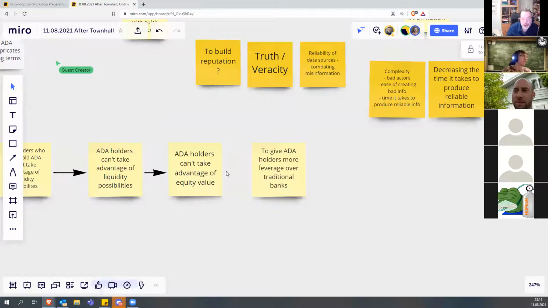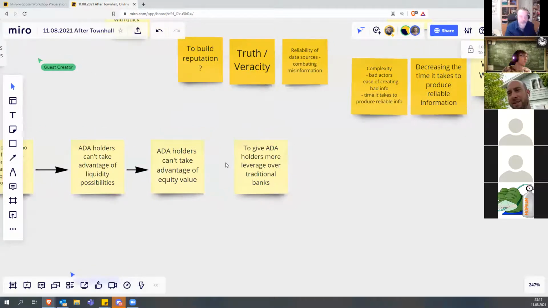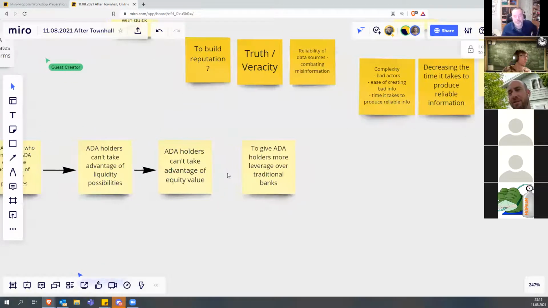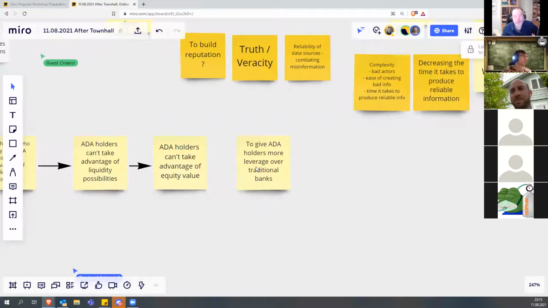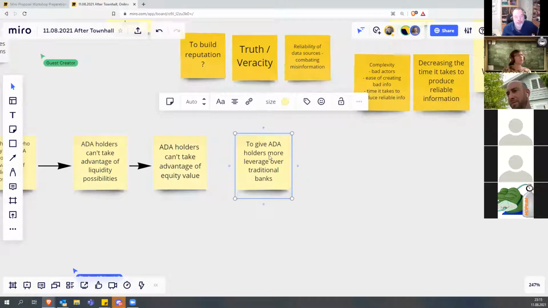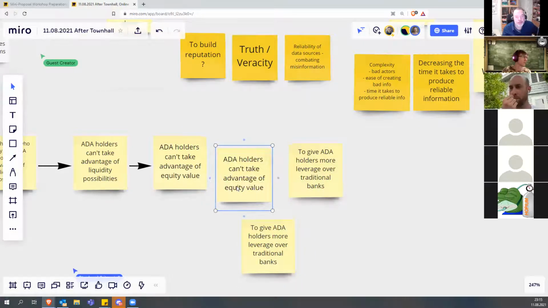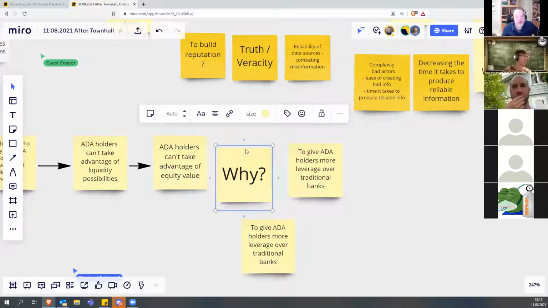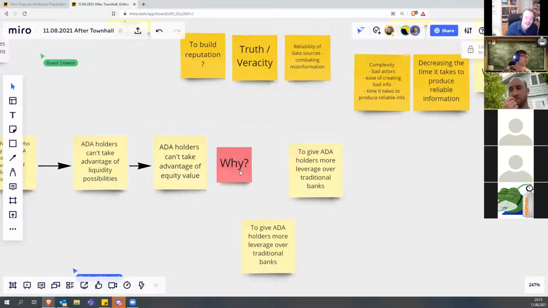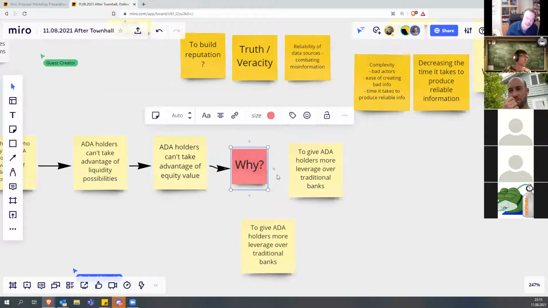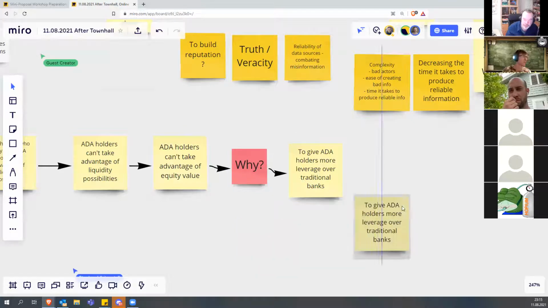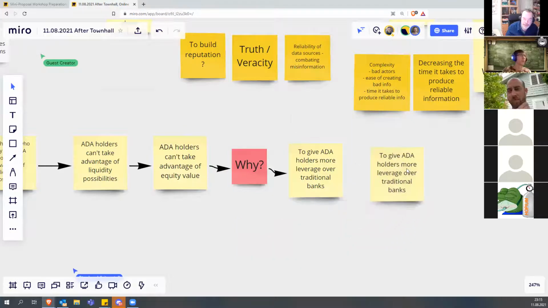Because if you have like $1 million in ADA but you don't want to sell it because you'd take a lot of exchange fees and then you're out of the game at that point, if you just need like 500K to get a loan, and it's collateralized and held by someone else, so you can't pull it out and scam. What's the end game? Is the end game to make ADA replace the financial system? Yeah, it would give you a lot more security in that aspect.